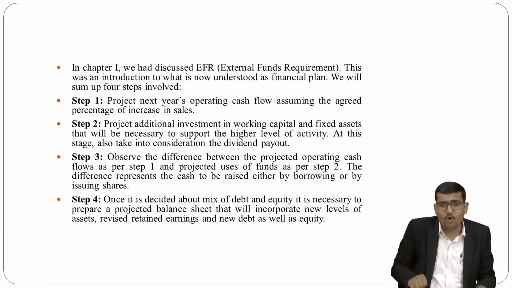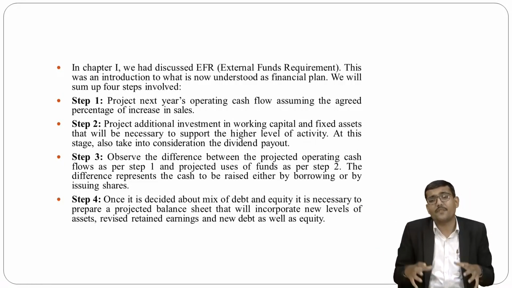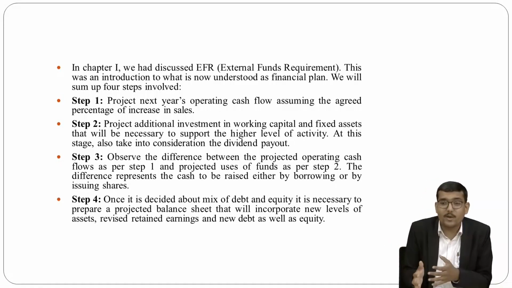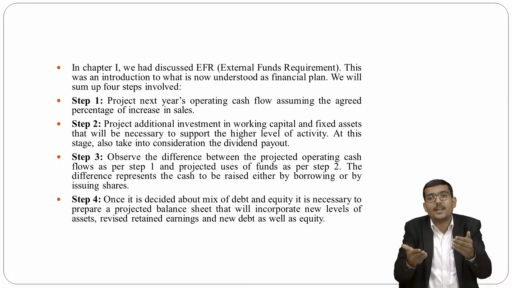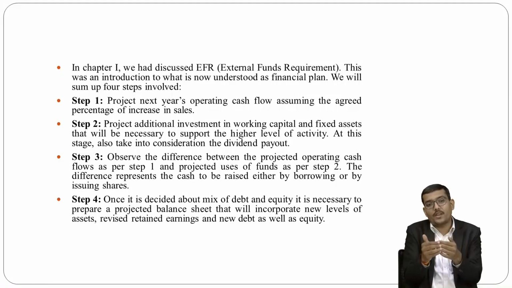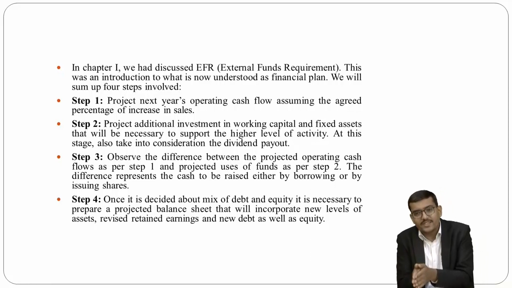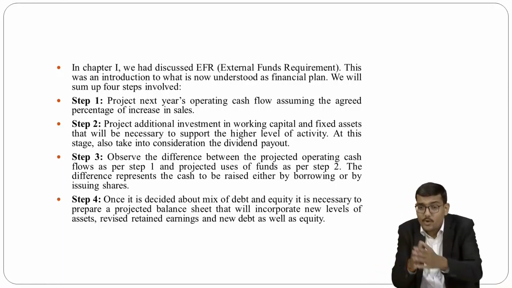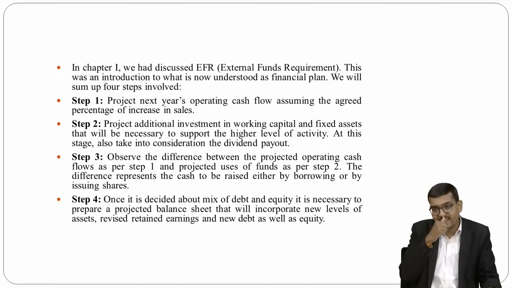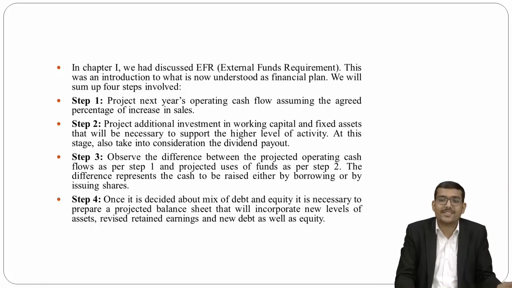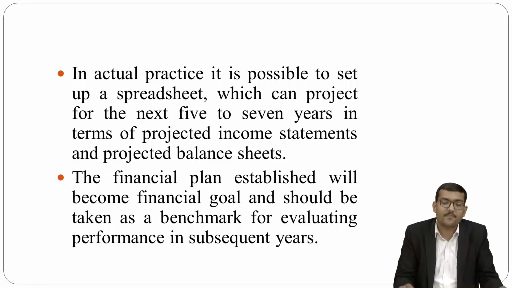And step number 4, my dear friends, determines the mix of debt and equity necessary at that point in time, and you project the new balance sheet and analyze whether your retained earnings are there, fixed assets are there, and the new debt and equity are there. So these are the 4 steps for determining the EFR, that is, the external fund requirement.